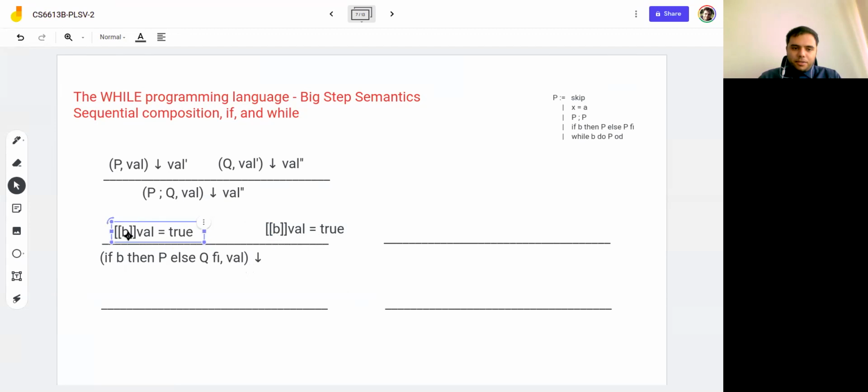Okay, so let's say that if I run P from val, it terminates in val prime, then this will also terminate in val prime.